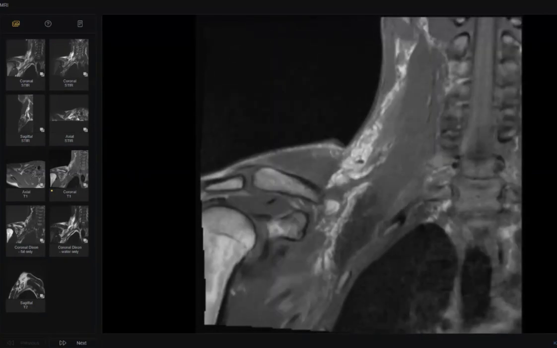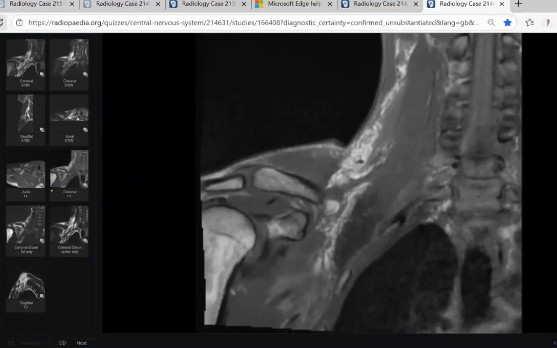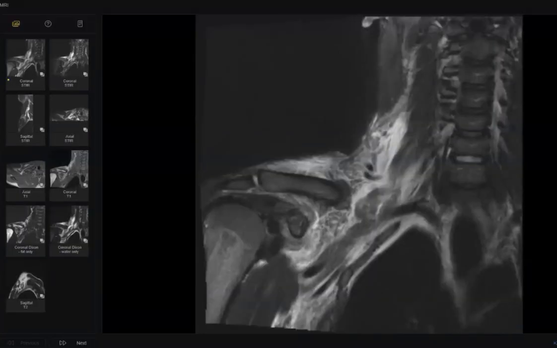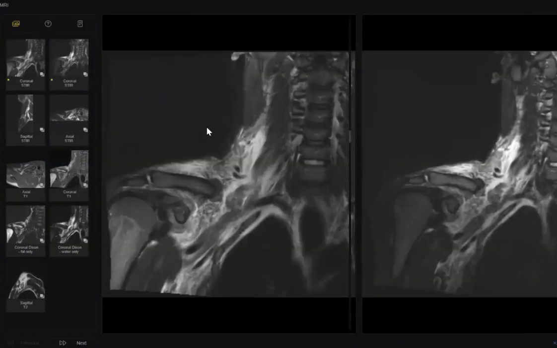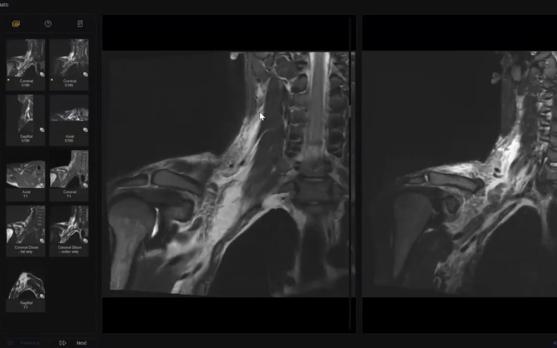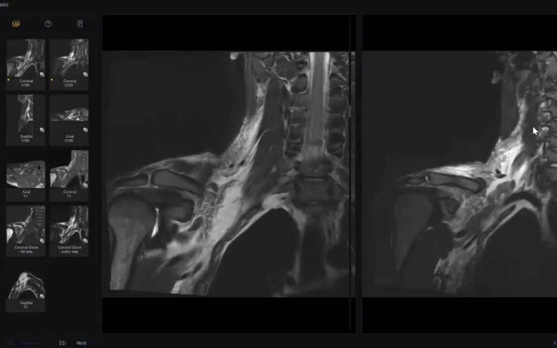I will put them side by side. Very intelligent question. See, this is the STIR. This is the T1. This is fat. Look here.